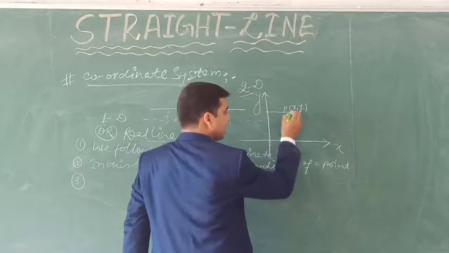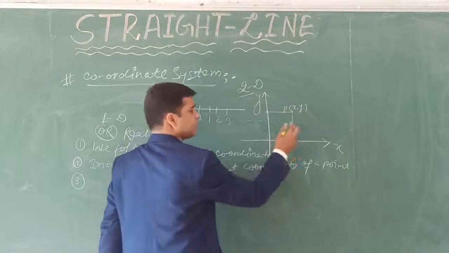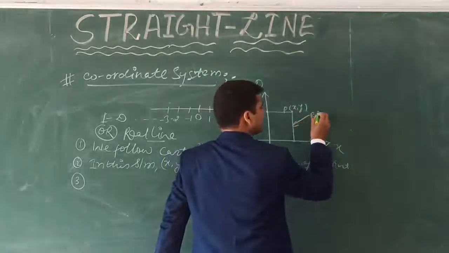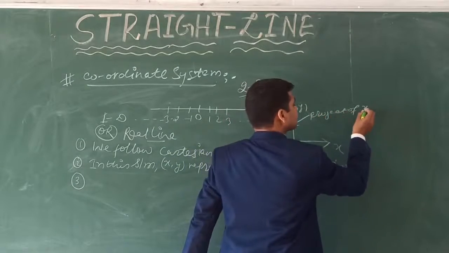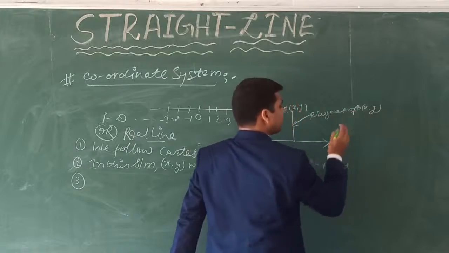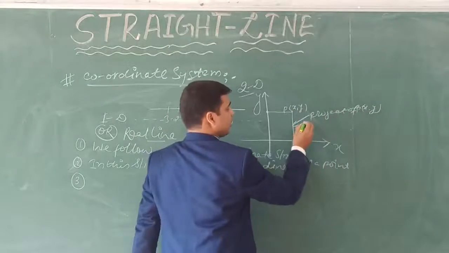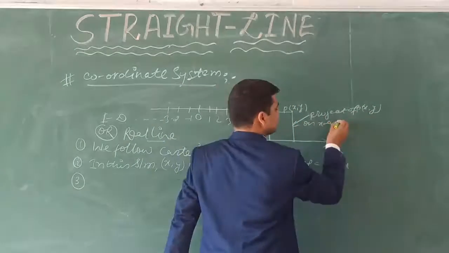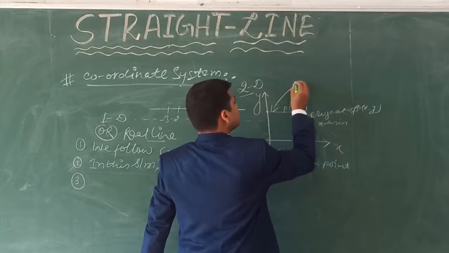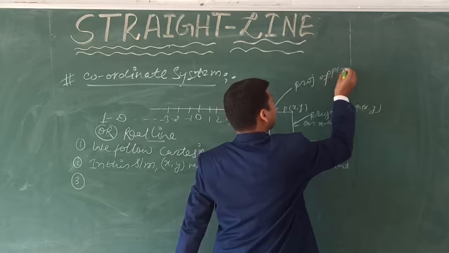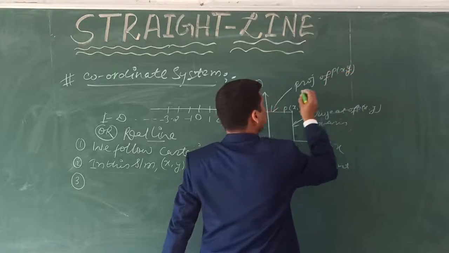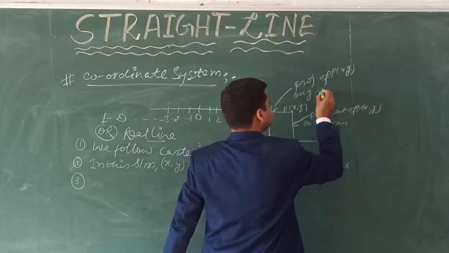Now this is the point P which is perpendicular to this x axis. So we can say this line is called the projection of point P x comma y on the x axis. This line is called the projection of point P x comma y on the y axis.